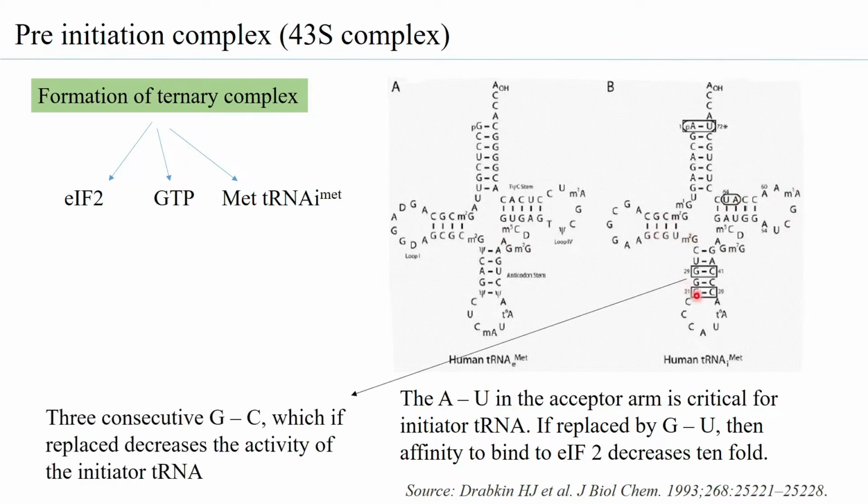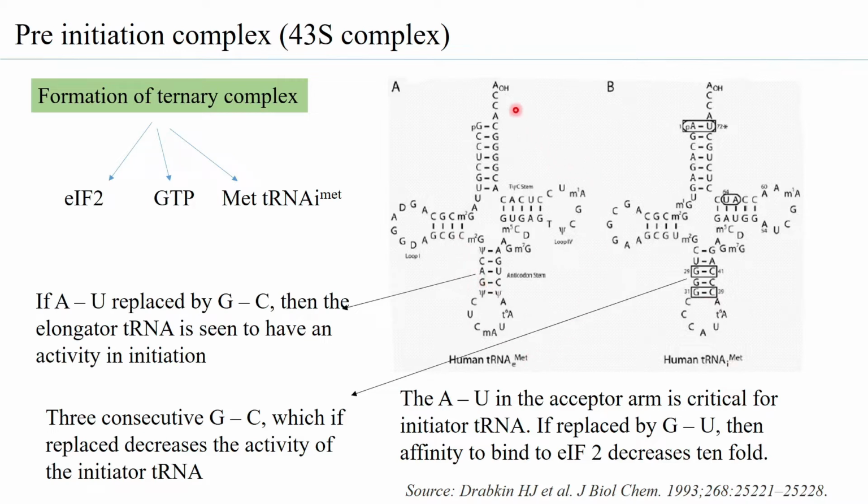Now, interestingly, what has also been observed is that the initiator tRNA at the anticodon arm has three consecutive GC base pairs. And this, if replaced or modified, has been shown to have decreased activity as the initiator tRNA.